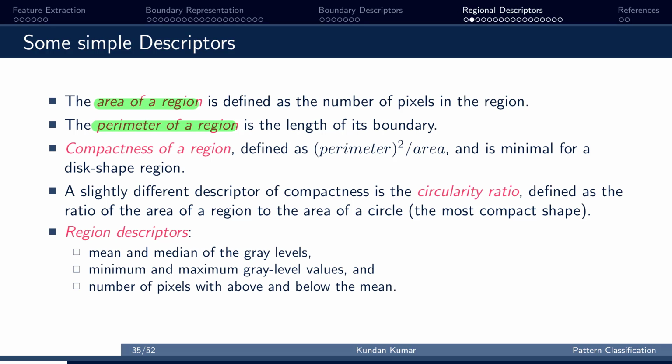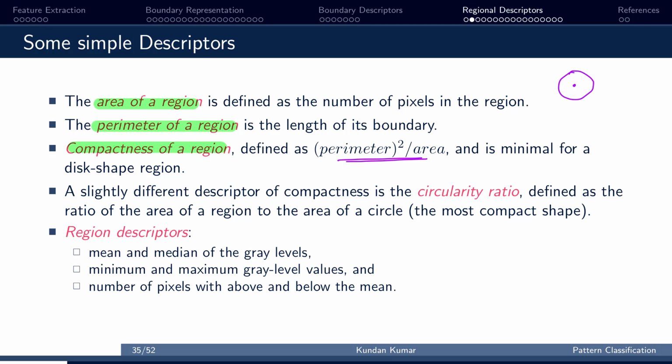The other simple descriptor is compactness of a region, which is defined as the perimeter square divided by area. And the compactness of a region for a circle is minimal. Suppose we have a circle.